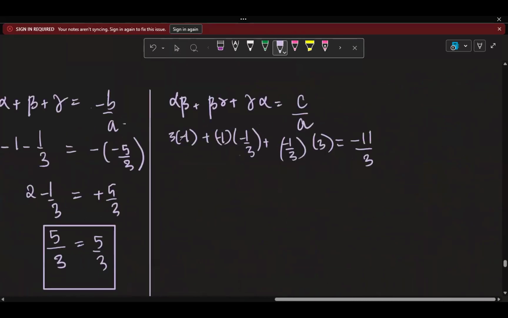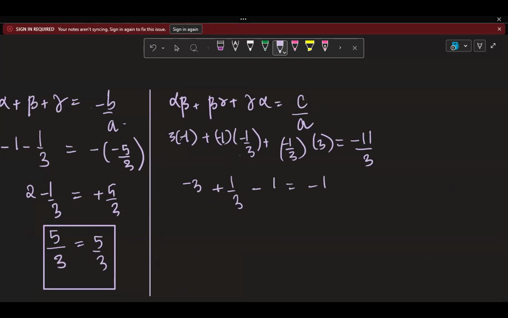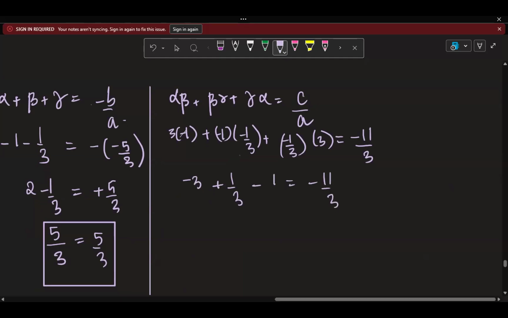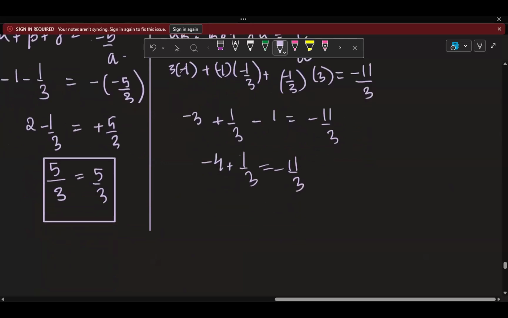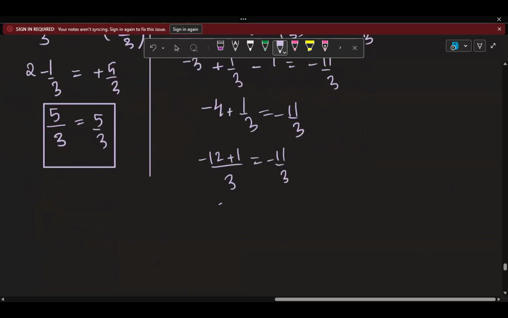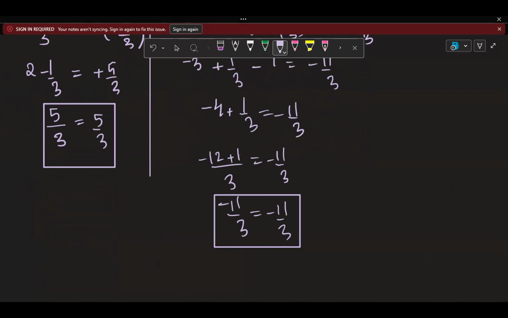So minus 3, plus 1 by 3, minus 1, should be equal to minus 11 by 3. So minus 3 and minus 1 is minus 4, plus 1 by 3 should be equal to minus 11 by 3. Minus 12 and plus 1 is also minus 11 by 3 only. So minus 11 by 3 is equal to minus 11 by 3. Hence, verified. Right?